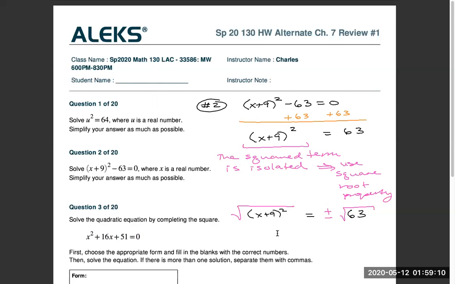Now a rule of thumb that happens on the left side here, if you have a squared term like this, when you take the square root, you're just going to get the factor back out. Okay. So once that happens, you can drop the parentheses. X plus 9 equals plus minus square root 63.